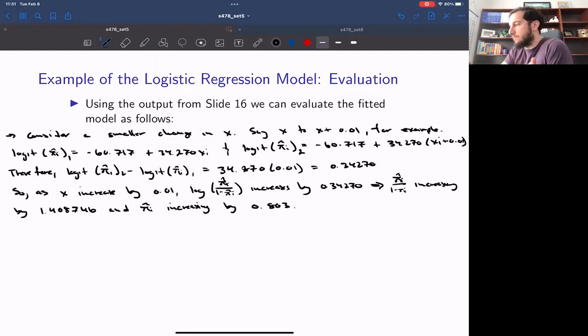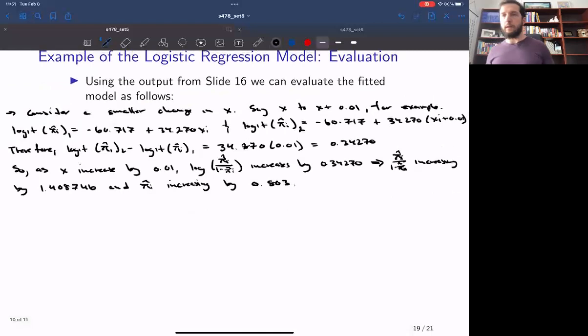And what it's showing us is that carbon disulfide is extremely toxic to these beetles. Okay, so any questions?